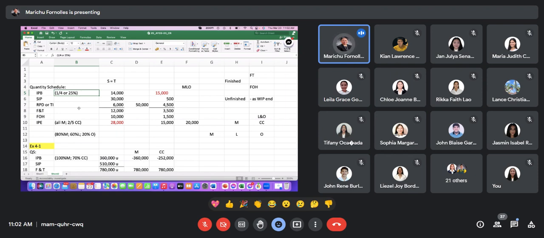Now, there are instances when the parenthetical notation would look like this. It would say all M, meaning 100% complete as to materials, 2/5 complete as to conversion cost. So the percentage applied to labor is the same percentage applied to overhead.